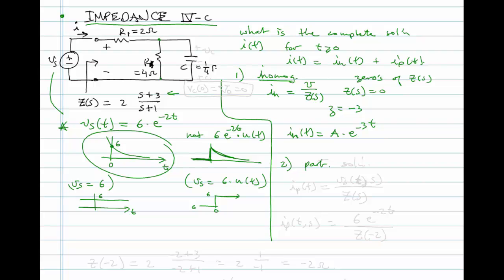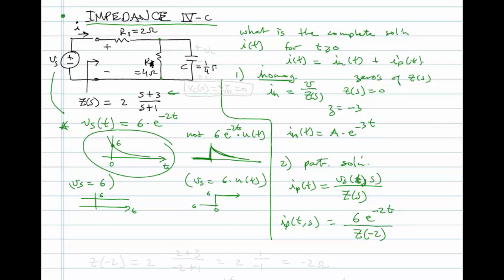Now the particular solution, how do we find that? The particular solution IP is equal to Vs of t, s, divided by Z of s. This is 6 e to the minus 2t divided by Z of minus 2. We need to use the impedance that corresponds to the frequency, the value of s at which we're exciting this.